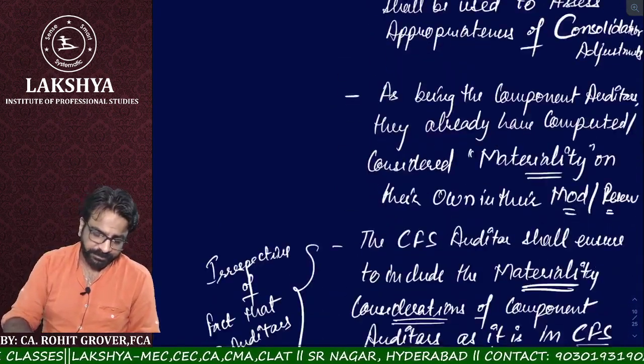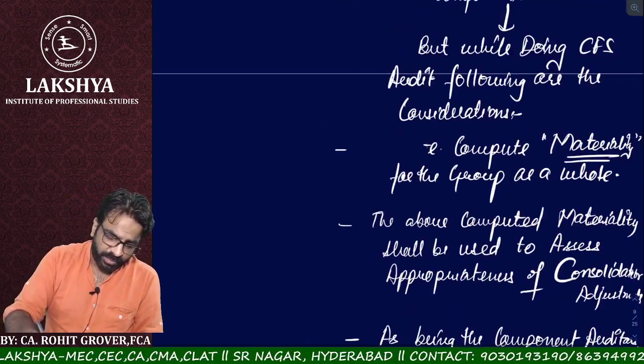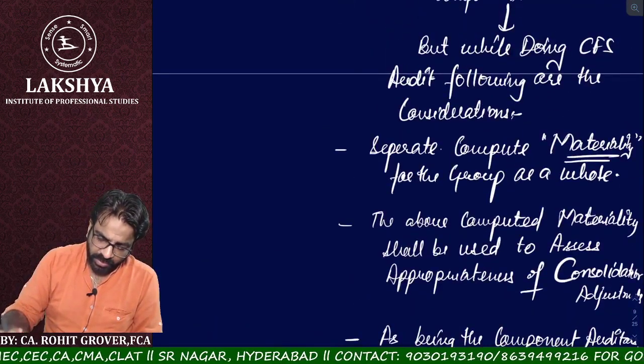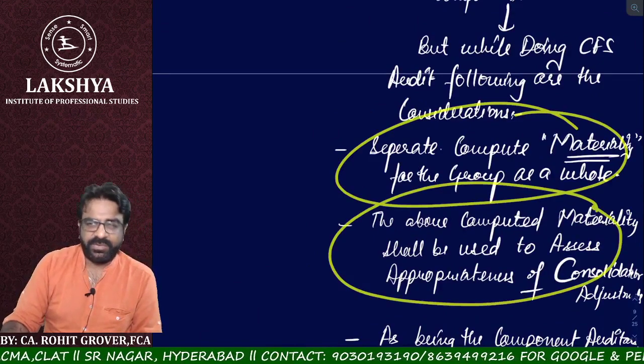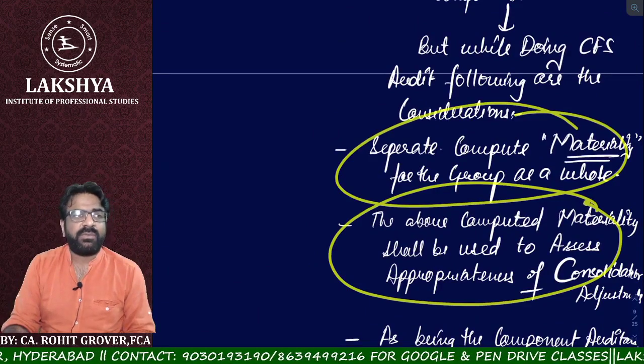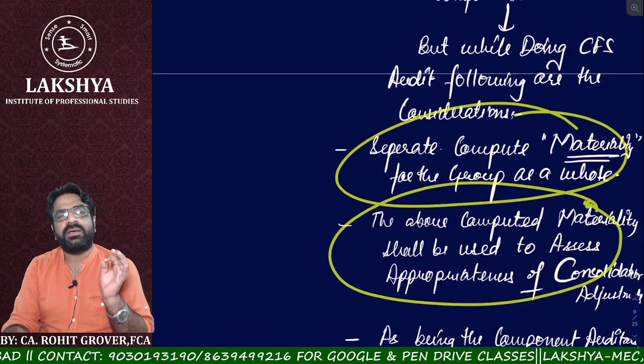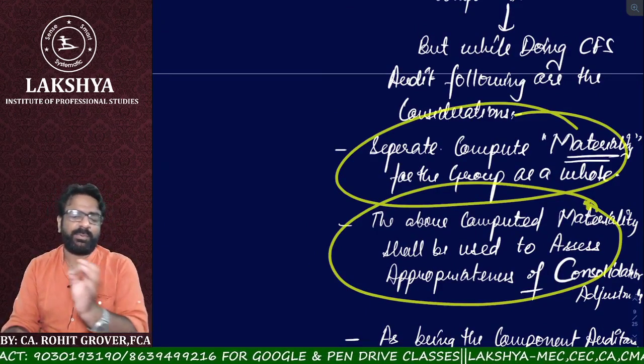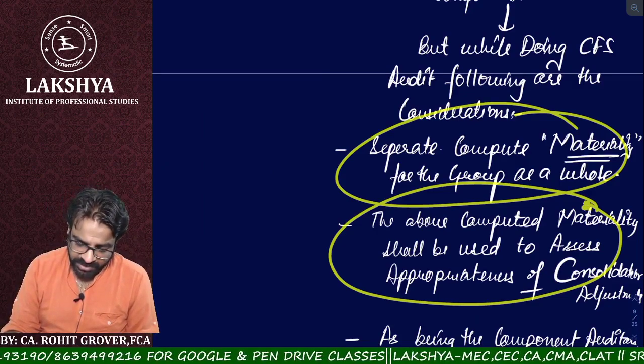Now see, these two points are already over. Whatever we have to use, we have to use the materiality concept as a group as a whole, and we have to use that materiality to assess the appropriateness of consolidated financial statements adjustment.